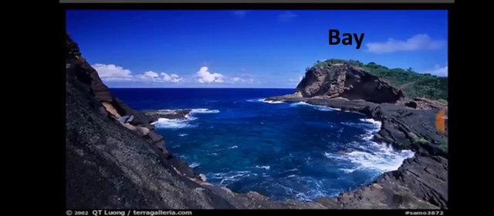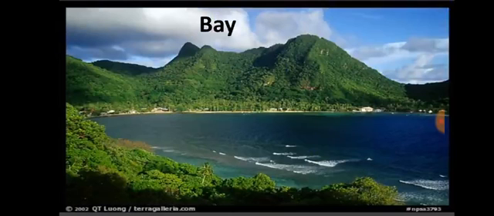Note it is not all surrounded by the land, it is partly surrounded. This is another picture of a bay. The land is partly surrounding a body of water.